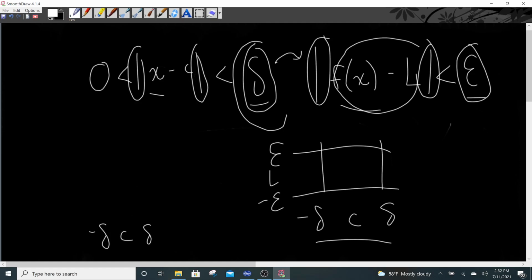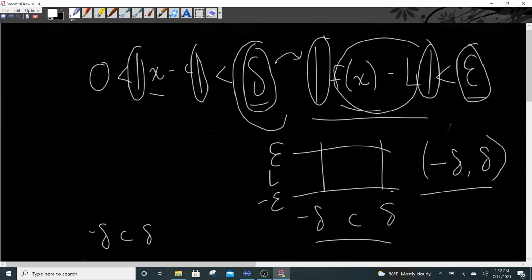And we know if this is our relationship, if we know that delta, this domain of negative delta, should I use parentheses? I'll use parentheses. This domain of negative delta and delta implies the relationship of the absolute value of f of x minus L is less than epsilon.